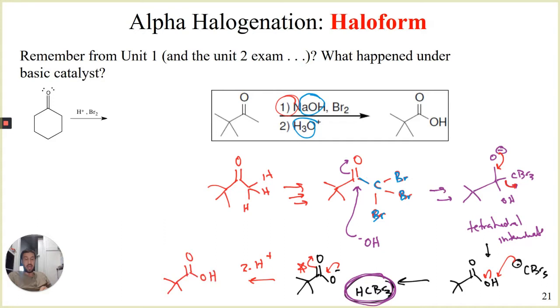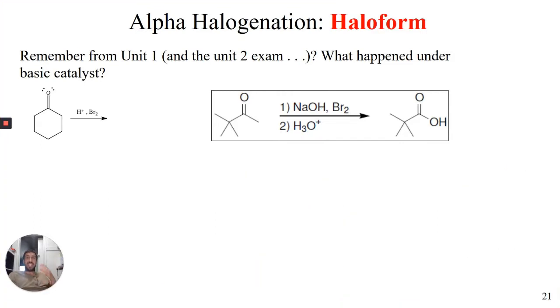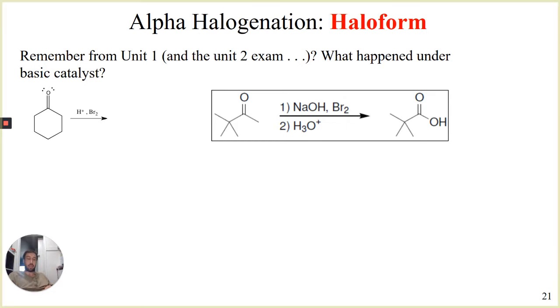The whole point of this particular reaction isn't to go through and synthesize carboxylic acids. The point of this reaction is to actually identify methyl ketones, which is kind of a weird statement. What we're trying to identify is a CH3 next to a carbonyl. That would be known as a methyl ketone.